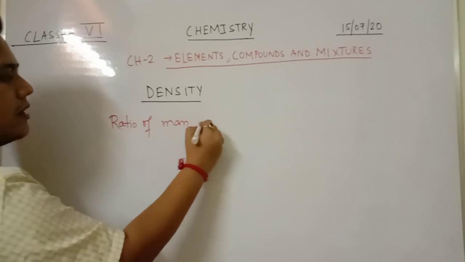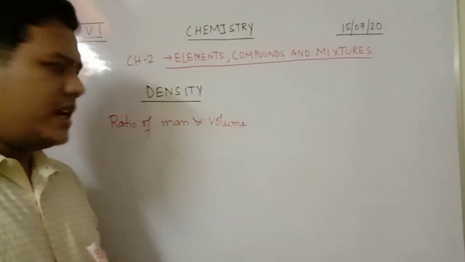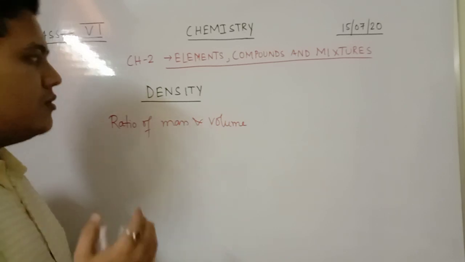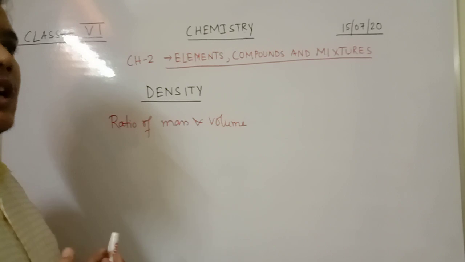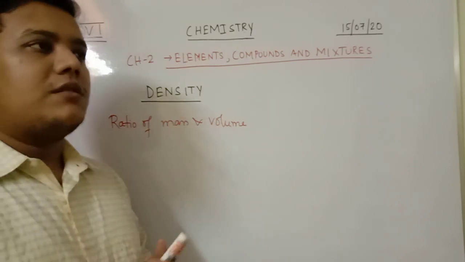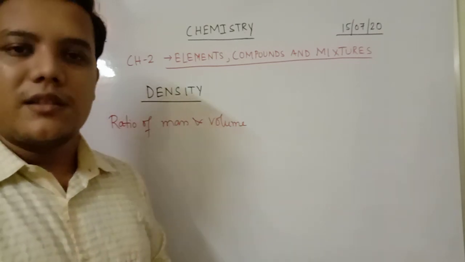Right now you don't have to worry about these things, you just need to know about it. Density is the ratio of mass and volume, which gives us the idea of how heavy the gas is or how light the gas is.